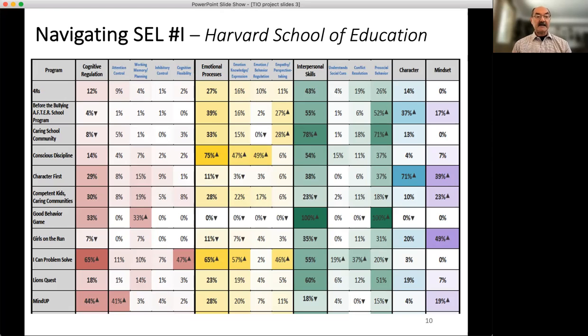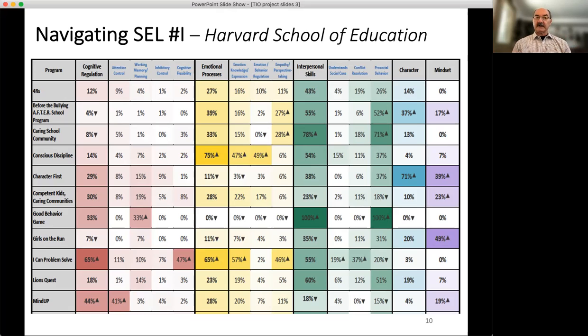On the other hand, I Can Problem Solve, a little farther down, has a number of strengths. It's pretty good at a number of things, the Swiss Army knife, but it still is missing a few components over on the right.